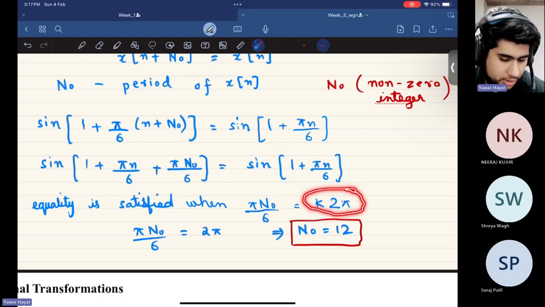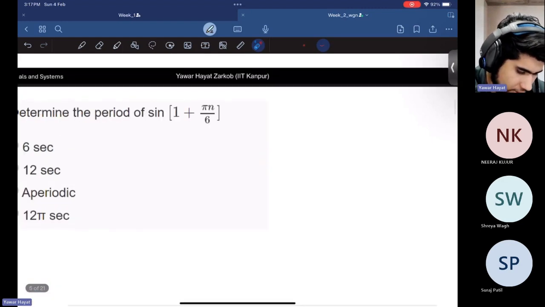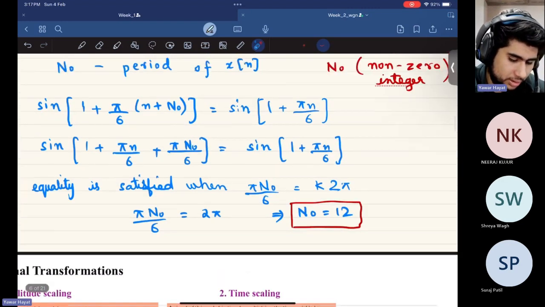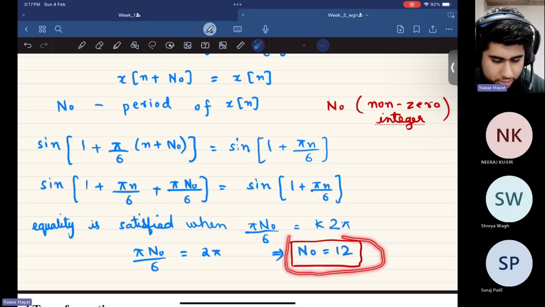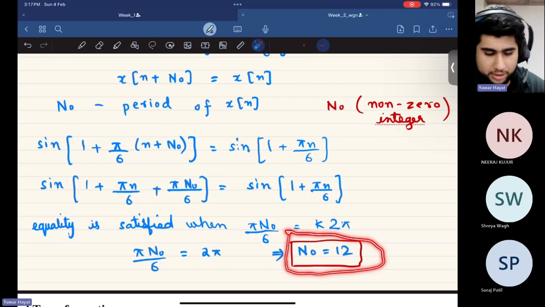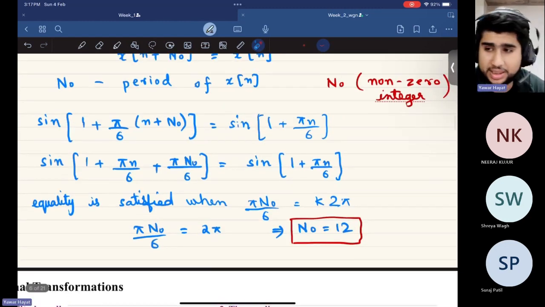Was 24 seconds in the options? Okay, no, 24 seconds was not in the options, but the 12 second is the fundamental period, because it is the smallest period of the signal. Is this clear?